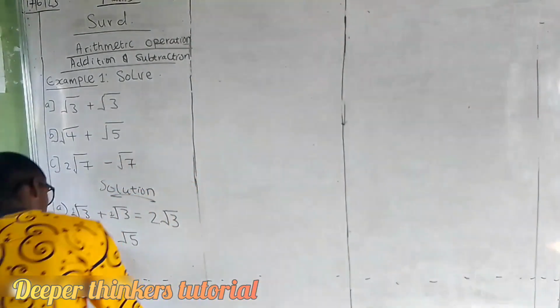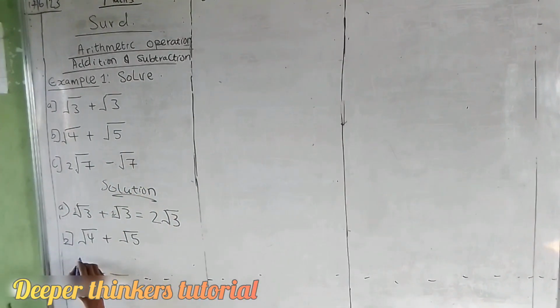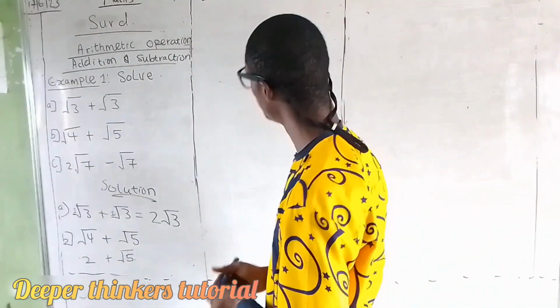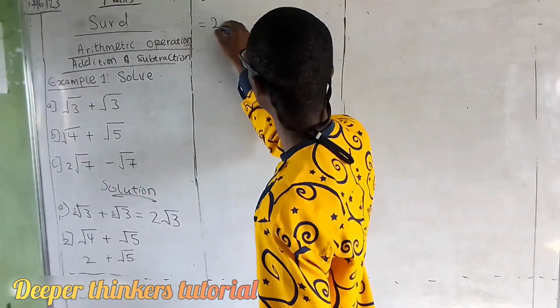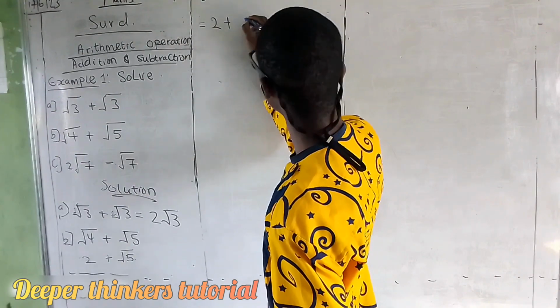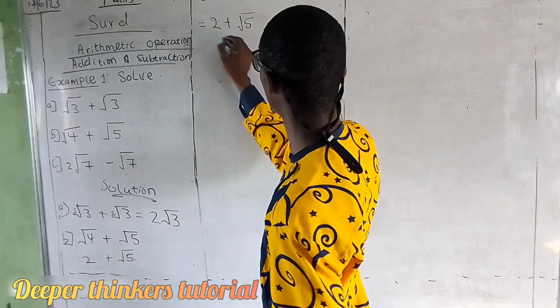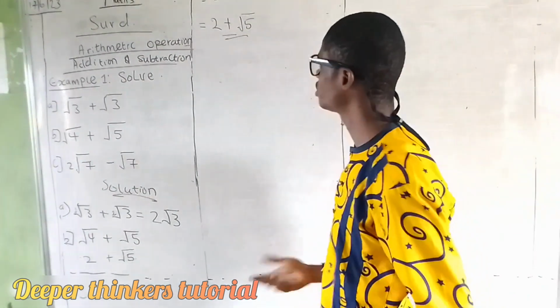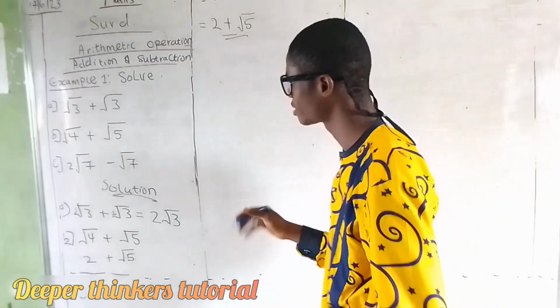Root 4 is not in simplest form, so I express it as 2, because the square root of 4 is 2, then plus root 5. Our final answer will be 2 plus root 5. That's our final answer. Why? Because they are not the same, so there's nothing more I can do. It's just like that as the answer.